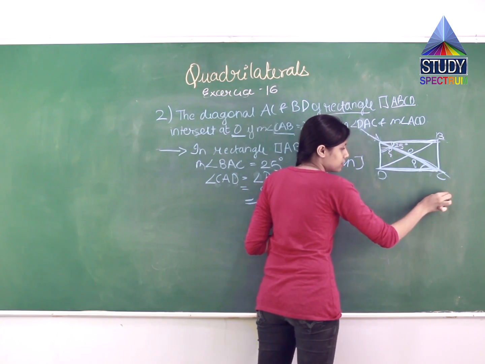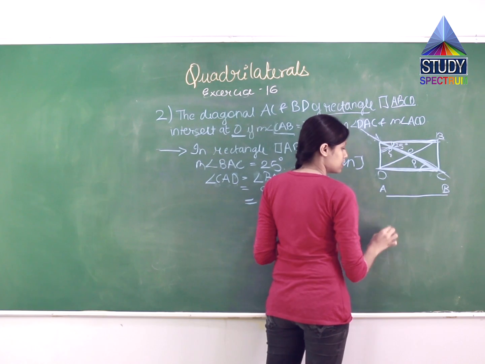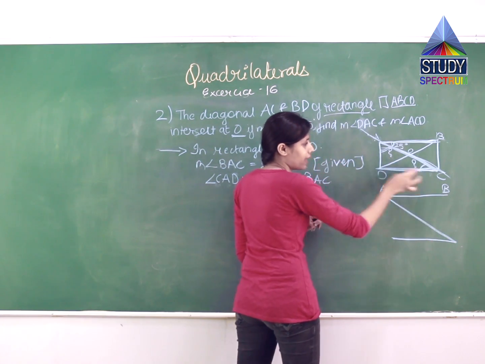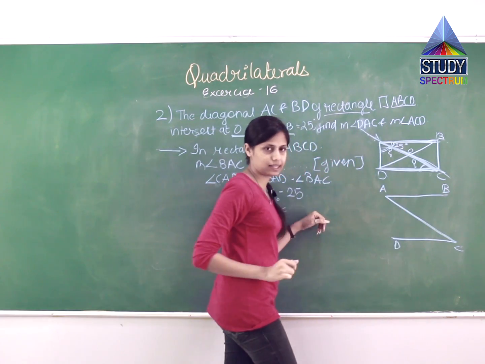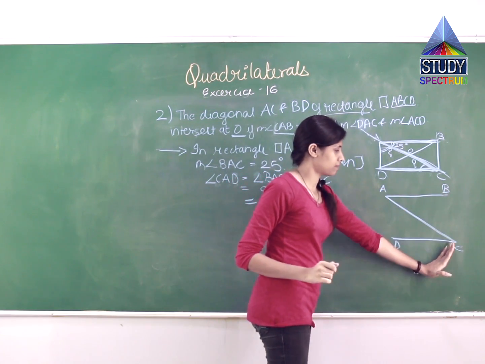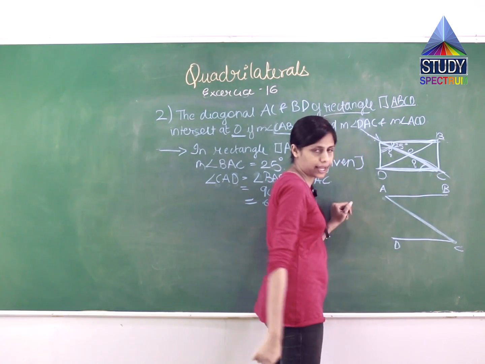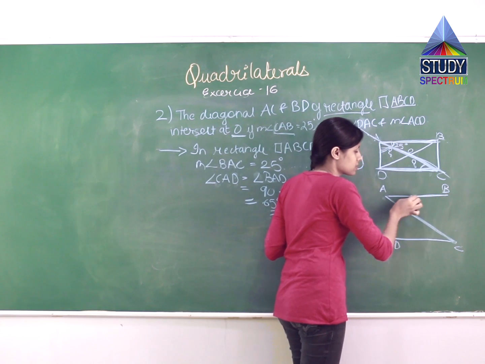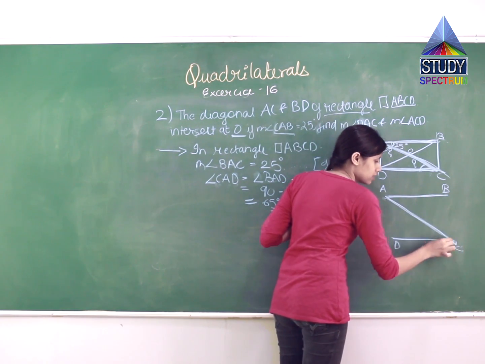I'll draw it over here. This is AB, this is the transversal, and this is another parallel line which is DC. So AB is parallel to DC and this AC is a transversal connecting these two lines. The property of transversal is this angle will be equal to this angle.